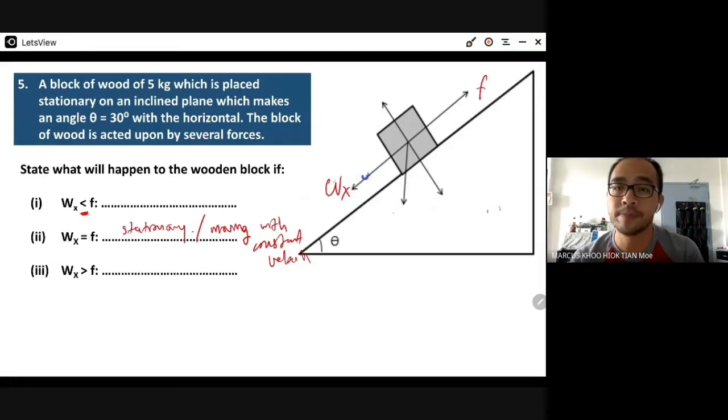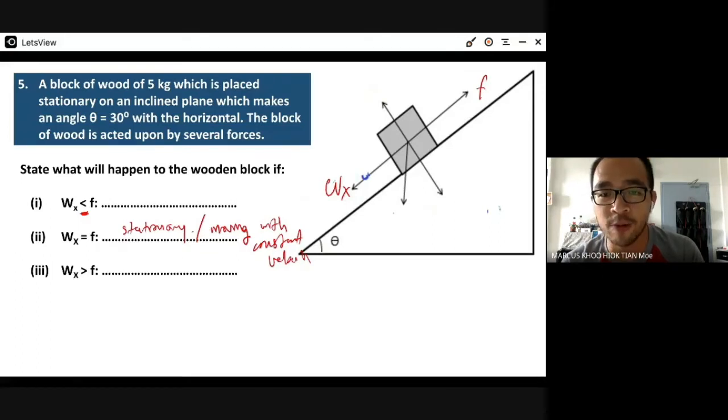What will happen? What do you think will happen? This is a very strange question, but think about it. If Wx is small and F is big, what do you think will happen? Anybody except Brandon. What do you think will happen if Wx is less than F? So Daniel says stationary.